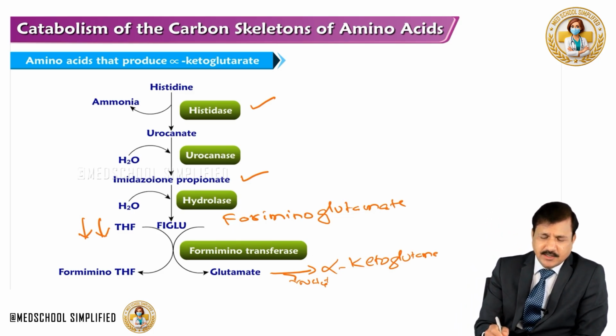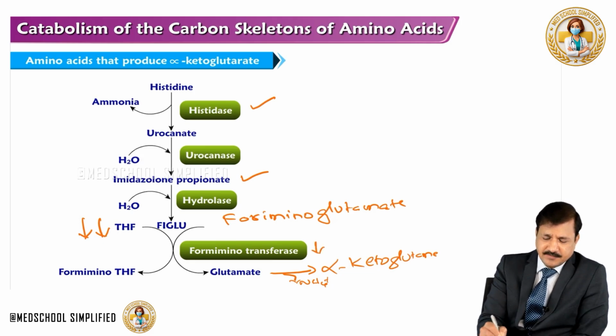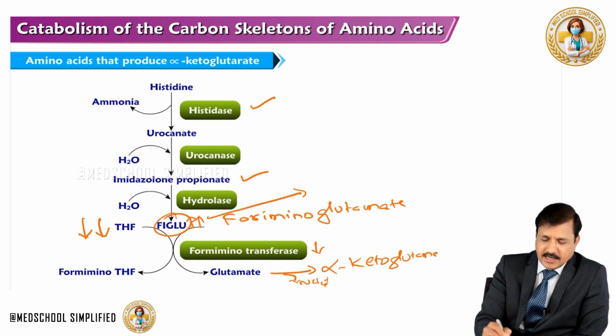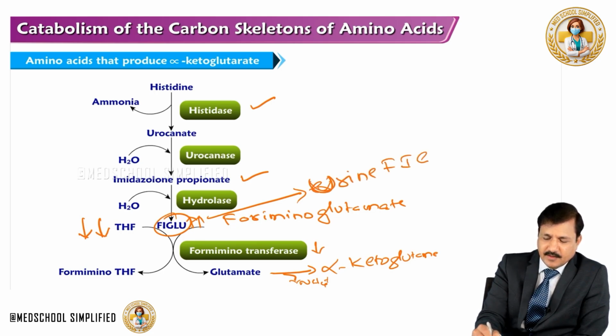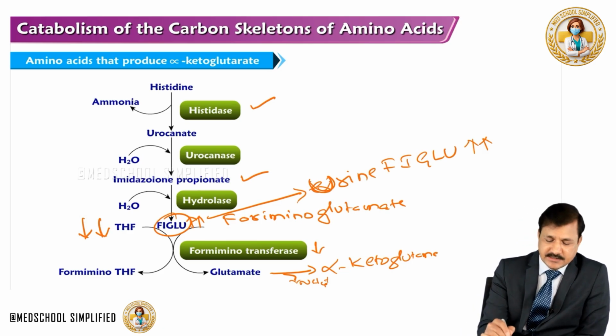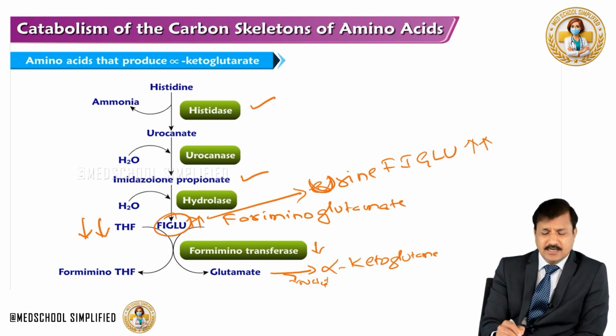The formiminotransferase reaction will decrease. That means there will be an increase in formiminoglutamate. So FIGLU will increase, and this will appear in urine. Urine FIGLU levels will be high, and that indicates there is a decrease in tetrahydrofolate.